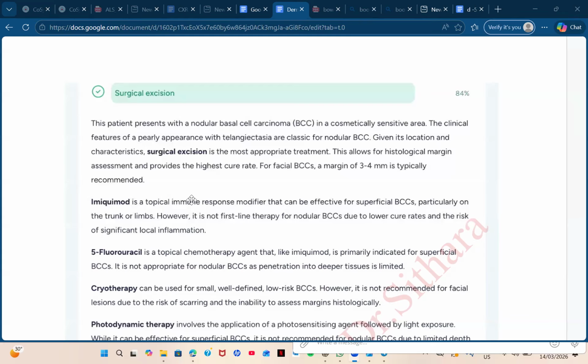Now tell me when we should use the refer option in BCC. You can think about referral for Mohs micrographic surgery. Tell me examples. Okay, a patient with multiple comorbidities. Good. Because in the therapeutic guidelines, there are three criteria for referral.